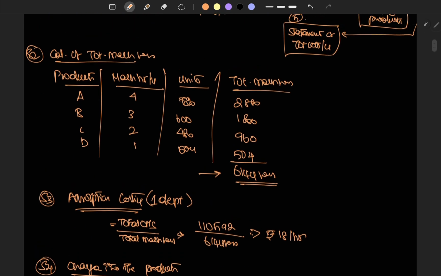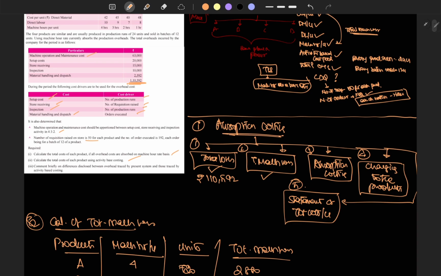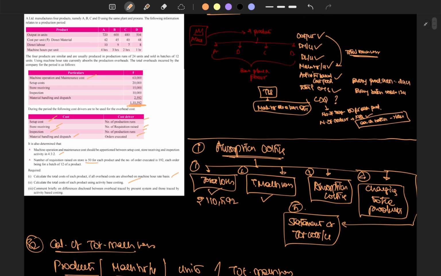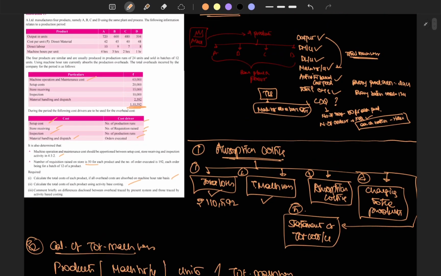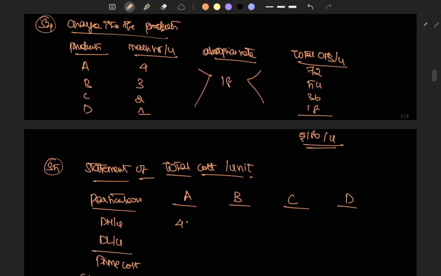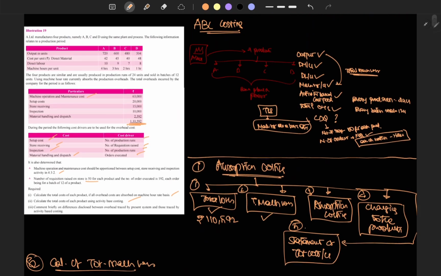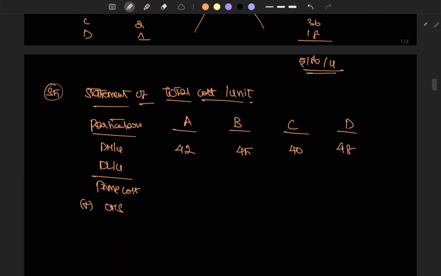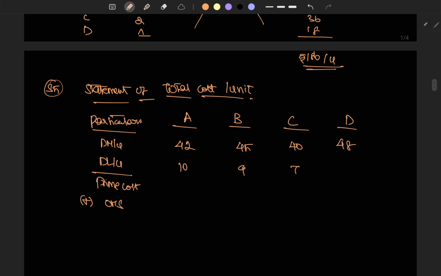So DM per unit, in the question what they gave, is 42, 45, 40, 48. Labor cost per unit is 10, 9, 7, 8. If we total it, 52 is the prime cost, 54 the prime cost, 47 the prime cost, 56 the prime cost.